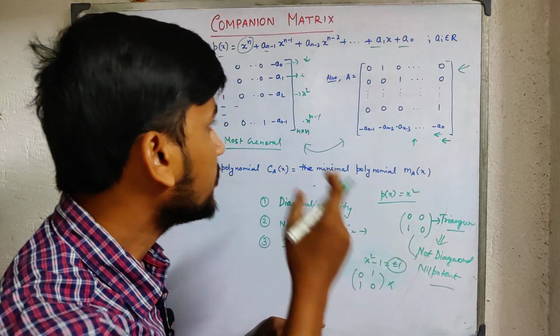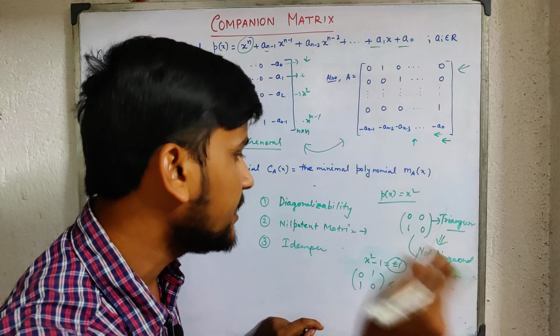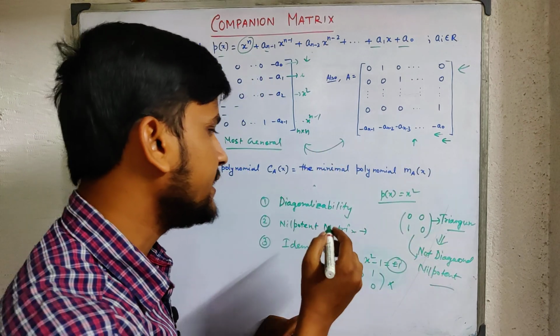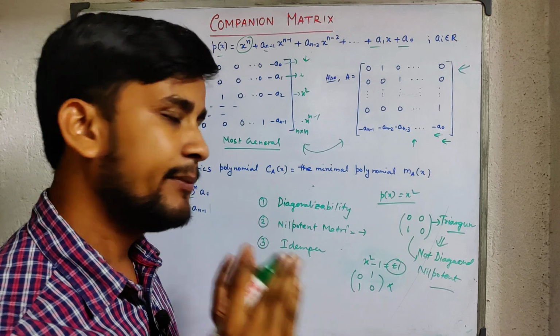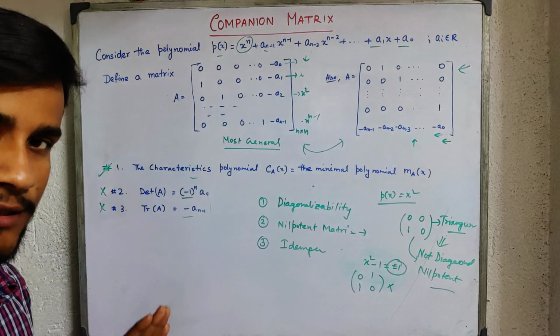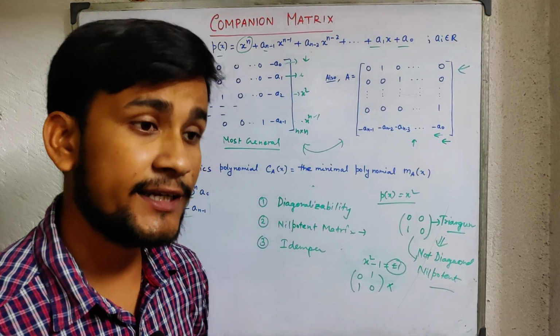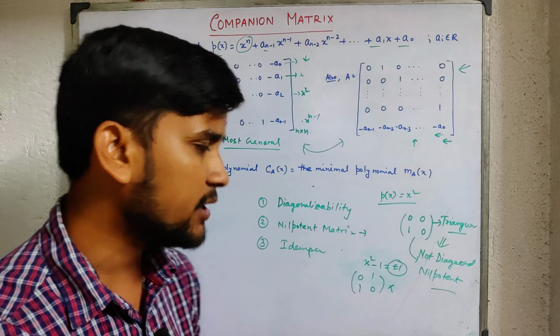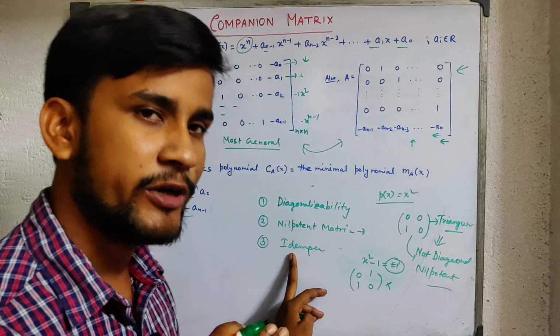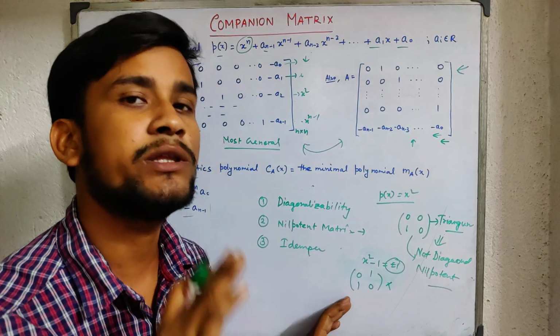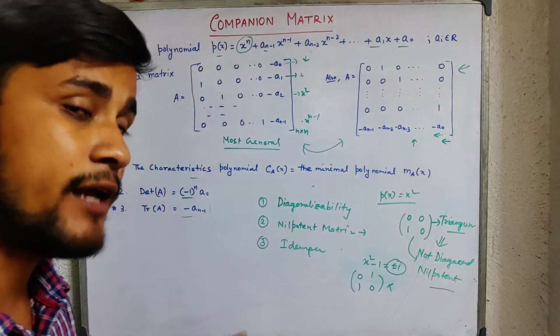The companion matrix may be diagonalizable, or may not be diagonalizable. Therefore there is no relation between diagonalizability, nilpotent matrix and the companion matrix. It may be nilpotent, it may not be nilpotent. Similarly for idempotent matrix, there is no direct relation between the companion matrix and the idempotent matrix.